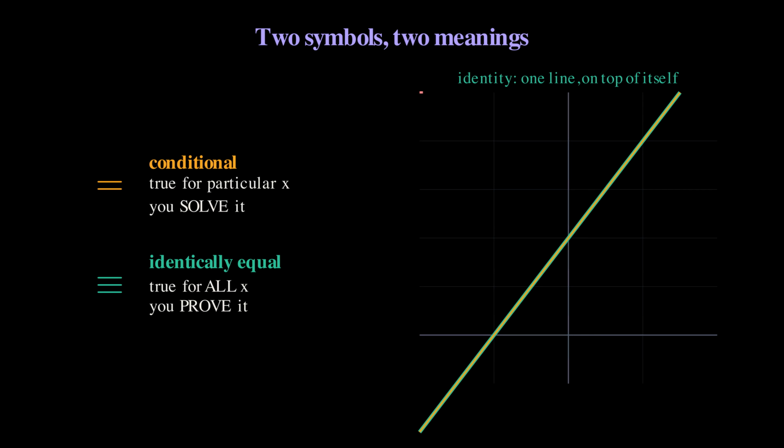An equation is different. Its two sides are usually different graphs, and the solution is just wherever they meet. Here, the line meets the level y equals 10 at one isolated point, x equals 3. Isolated crossings mean an equation. Total overlap means an identity.